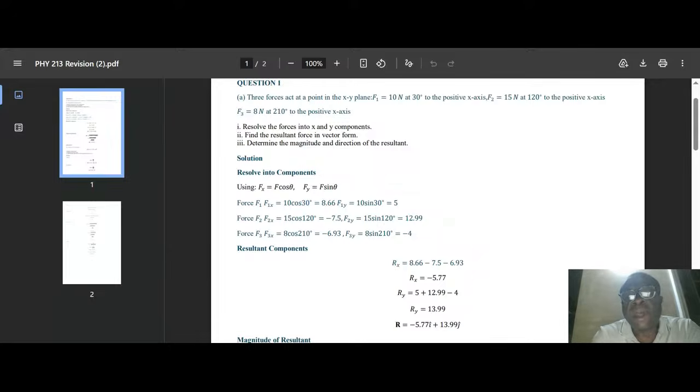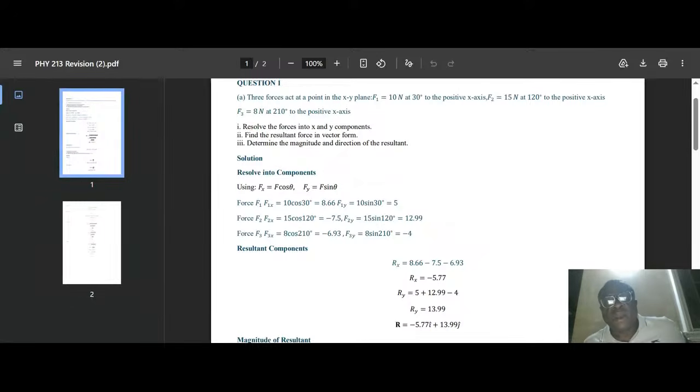The second part is the resultant. The Rx: 8.66 plus minus 7.5. I hope you know where we're getting these values. That is for F1 is 8.66. For F2, minus 7.5.